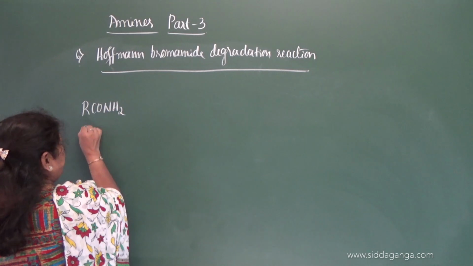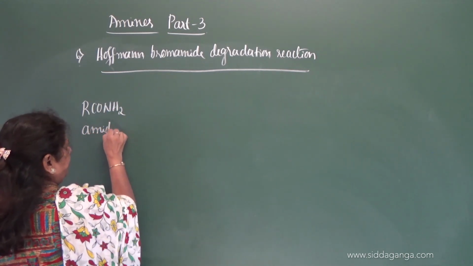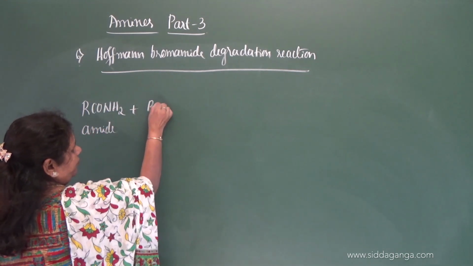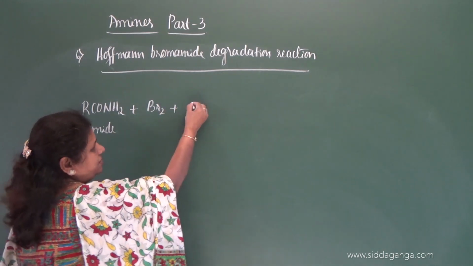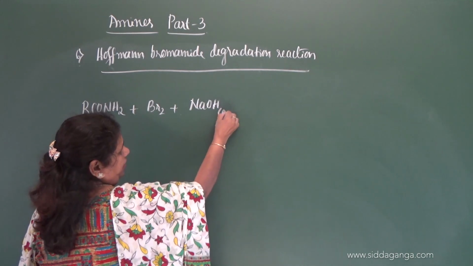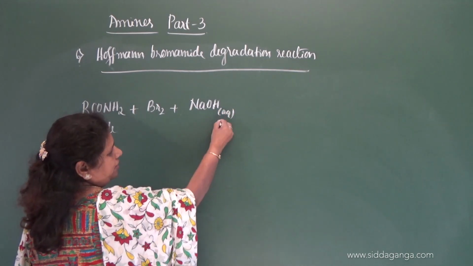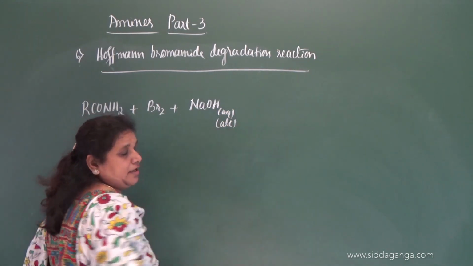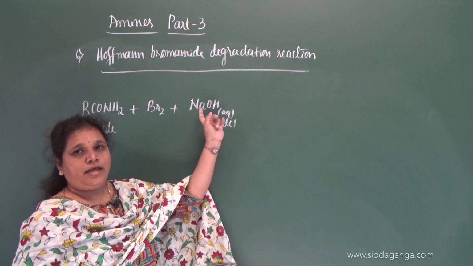RCONH2. This is an amide. It should react with bromine in presence of sodium hydroxide. Either you can take aqueous NaOH or you can take ethanolic NaOH.